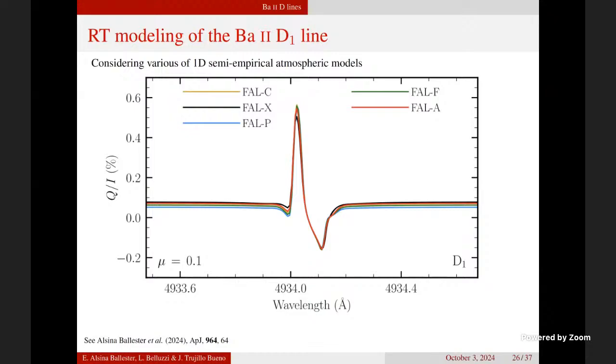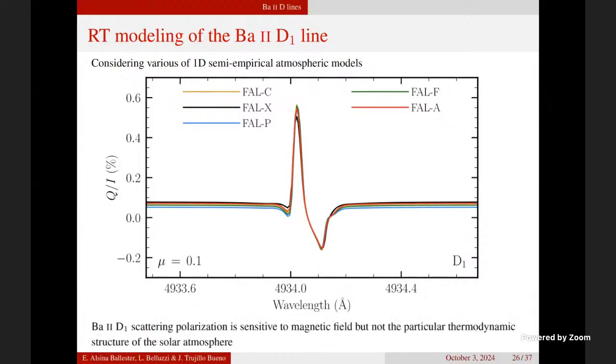What this indicates is that the variation in the scattering polarization would depend on the magnetic field. Of course, these calculations will have to be carried out considering more sophisticated 3D atomic models and a code that is capable of accounting for a multi-term code with hyperfine structure. But still, this is an interesting finding.